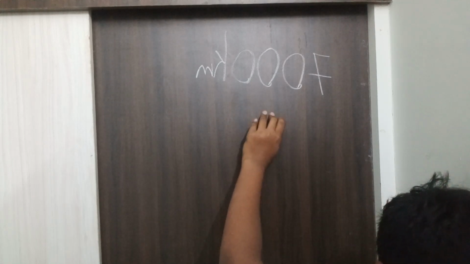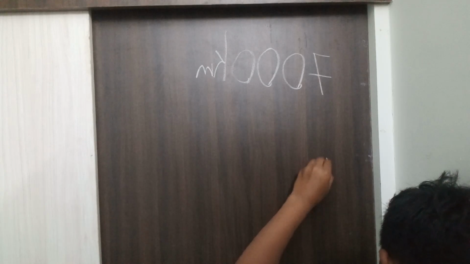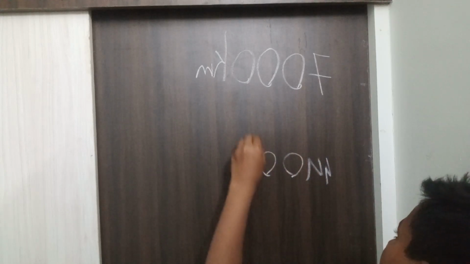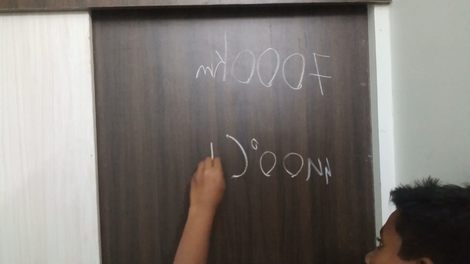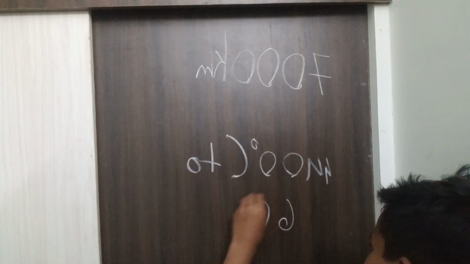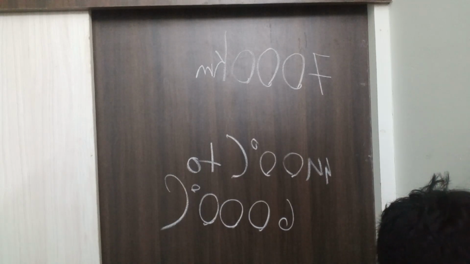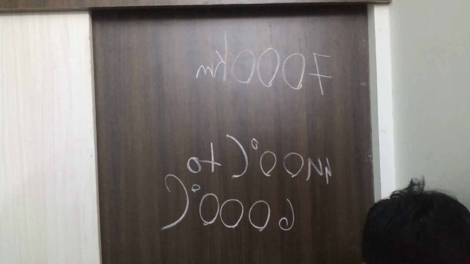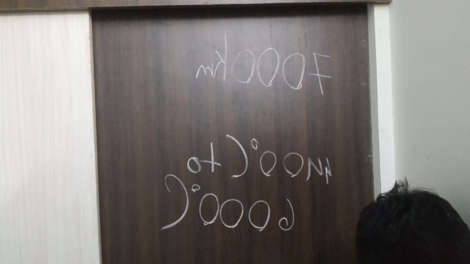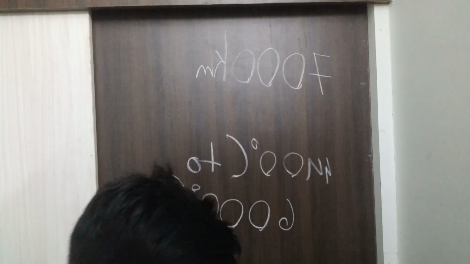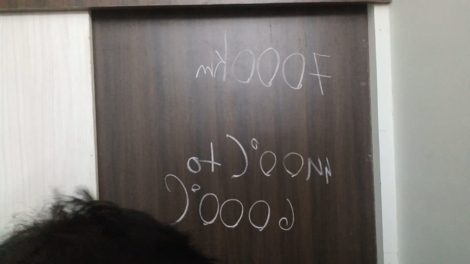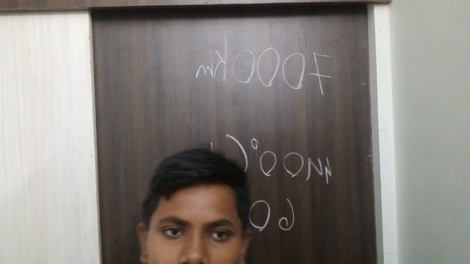The temperature ranges from about 4,400 degrees Celsius to 6,000 degrees Celsius. It is generally believed that the core is composed of iron and nickel, which is responsible for Earth's magnetism. The magnetic field is oriented towards north and south poles. So yeah, this is the core.